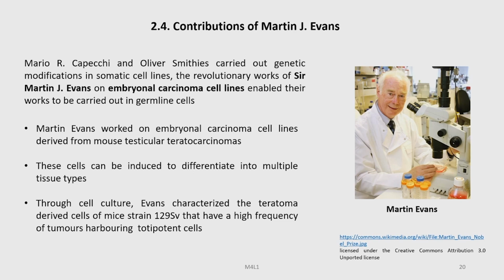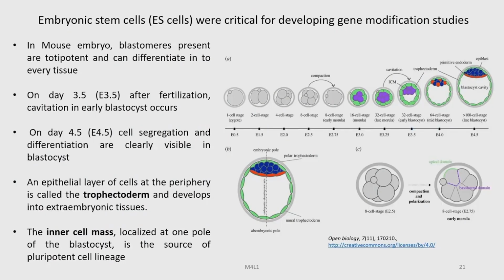Through cell culture, Evans characterized the teratoma derived cells of mouse strain 129 SV that have a high frequency of tumors harboring the totipotent cells. So, let us see here the cell division. You can see here a one cell stage zygote which divides and becomes a 2 cell stage zygote and a 4 cell zygote, and so on and so forth.